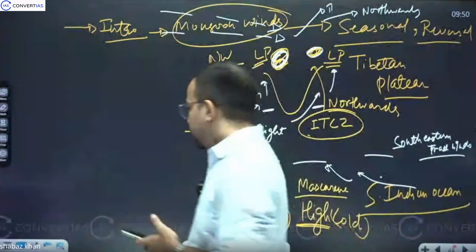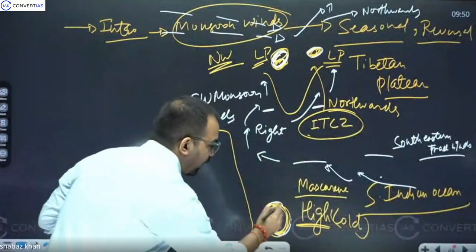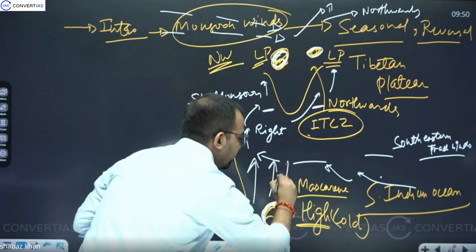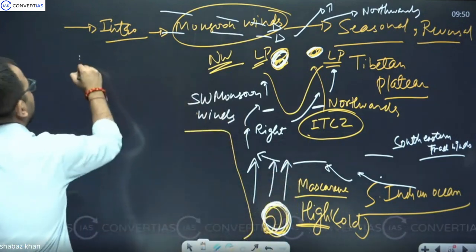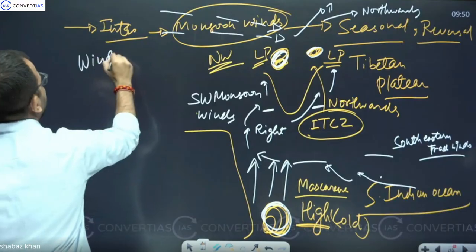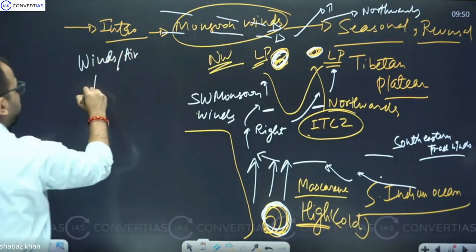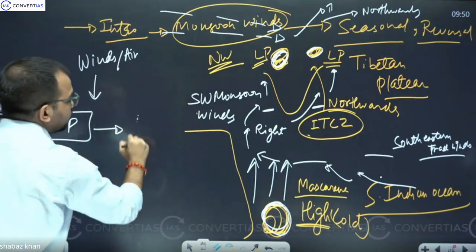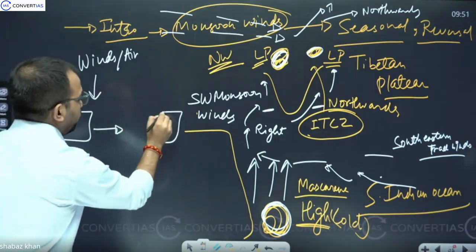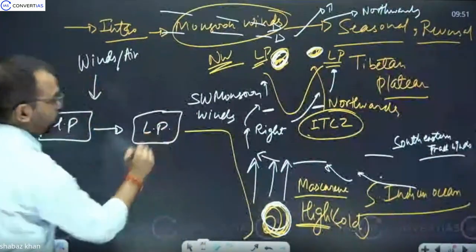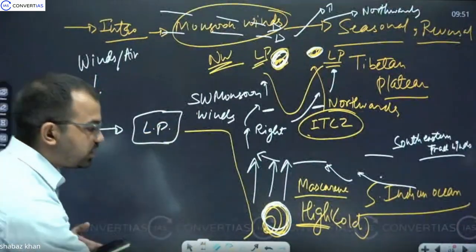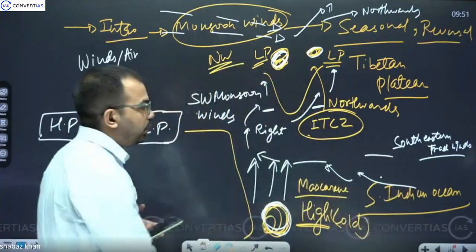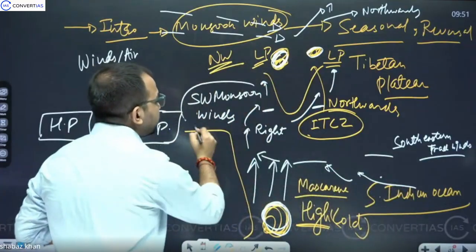Now, this is the Mascarene high. This is going to push these southwestern winds, because air moves from high pressure towards low pressure. So this is going to push the southeastern trade winds, and they are going to become southwestern monsoon winds.